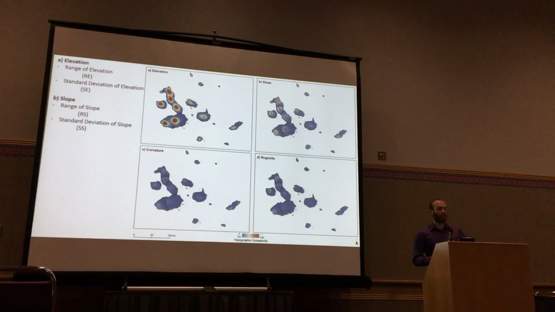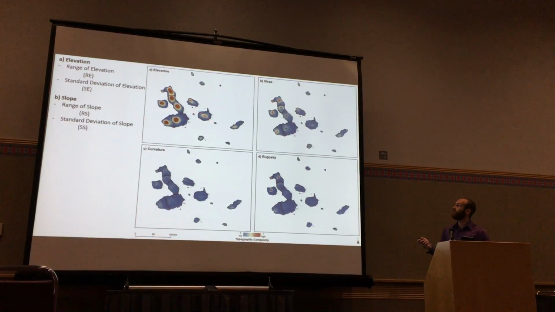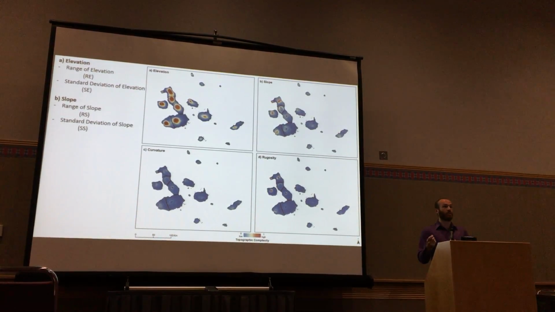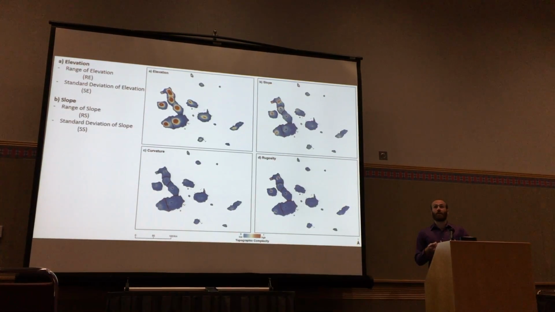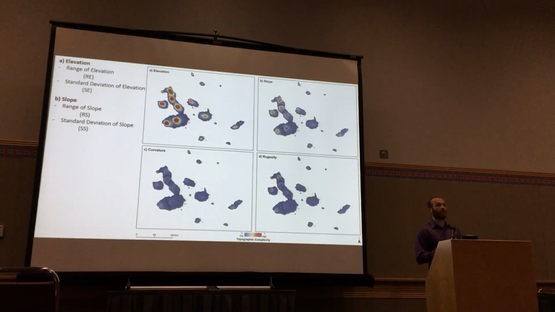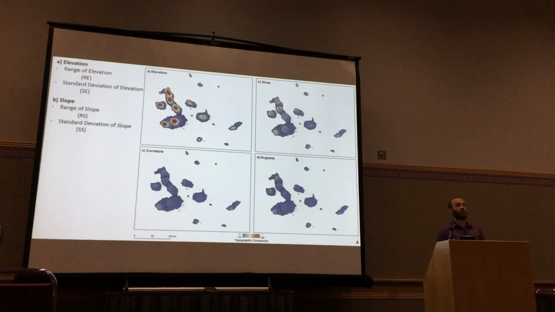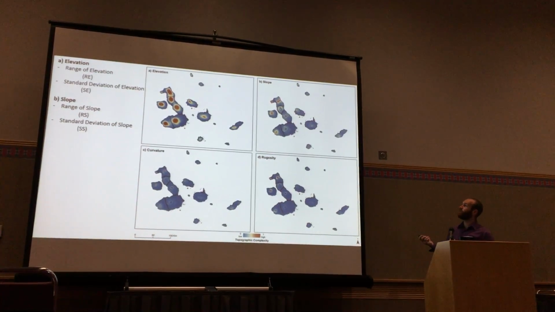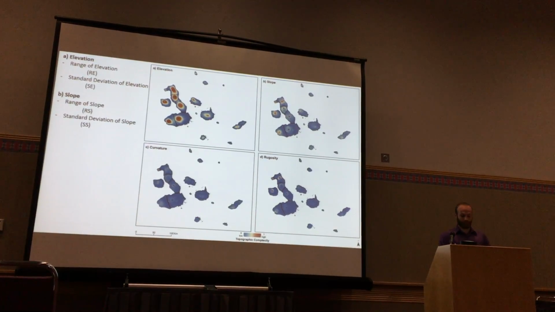For range of elevation, you take one island, take the maximum and minimum elevation, and get the range, let's say 30 meters. If an island has an elevation range of 100 meters, you'll say that island is more topographically complex than one with lower elevation. In these maps, red is higher complexity, blue is lower complexity.